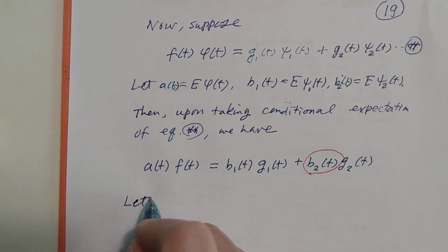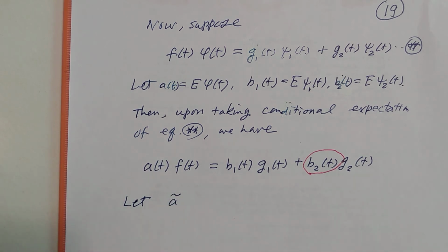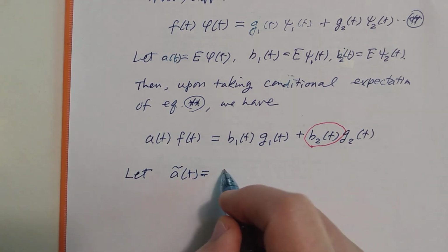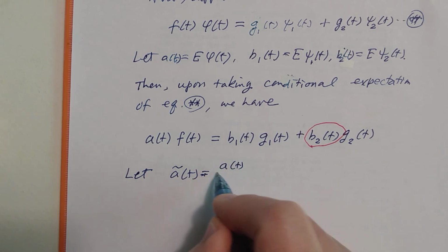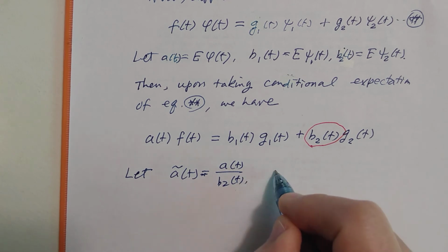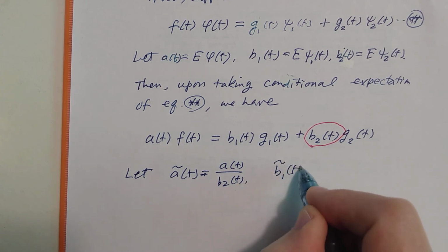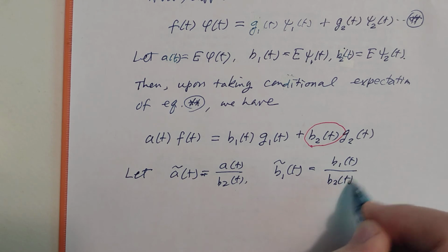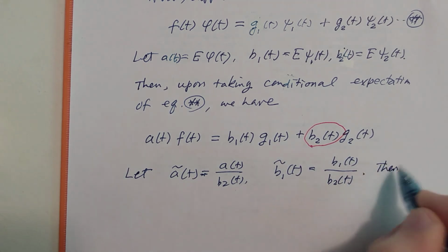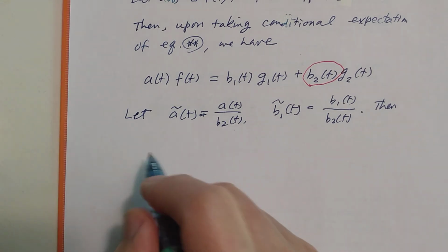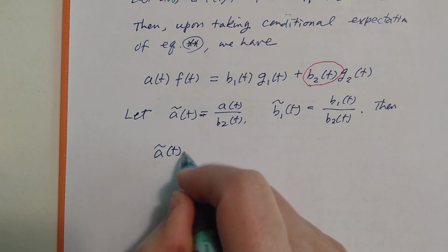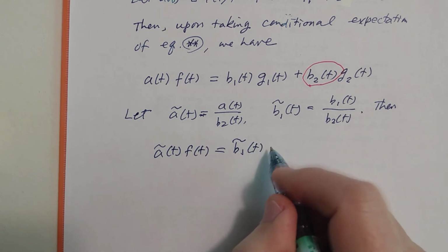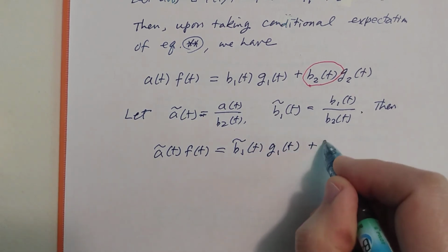Then I'm going to put here A tilde t equals A_t divided by B_2(t), and B_1 tilde t to be B_1(t) divided by B_2(t). Then we have A tilde t f_t equals B_1 tilde t g_1(t) plus g_2(t).